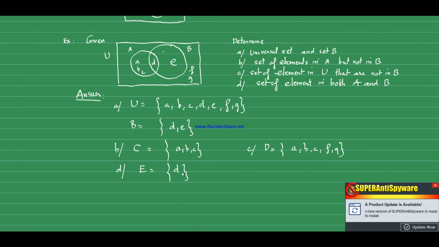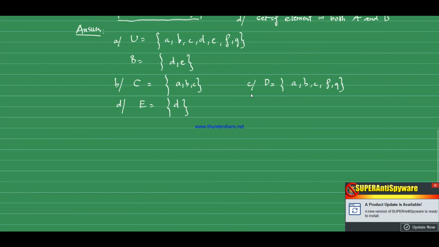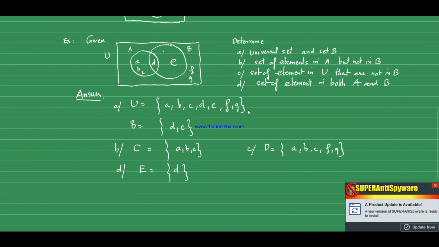What if I have a set A, and the set A is inside the universal set, and I want to find the set that is not in set A but is still in the universal set?